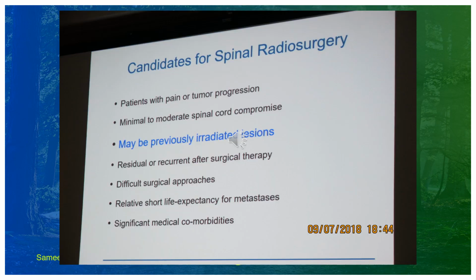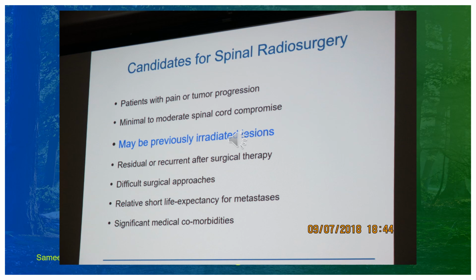Which patients are candidates for spinal SRS, spinal stereotactic radiosurgery? Patients with pain or tumor progression, minimal to moderate spinal cord compromise, maybe previously irradiated lesions, a patient with residual or recurrent lesion after surgical therapy.